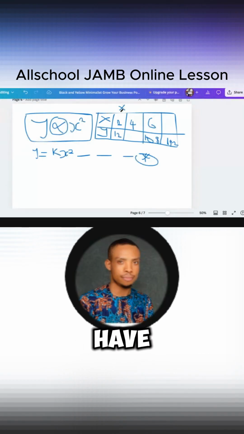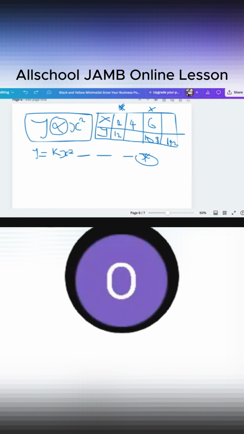Come to this table I have here. This place I have value of x and y. I can use this one or I can use this one. The reason is that here I have the value of x and the value of y. I have the value of x here, I also have the value of y. In other ones, I have either the value of x or y. Do you understand now? Yes, sir.